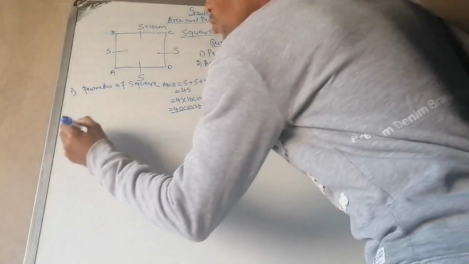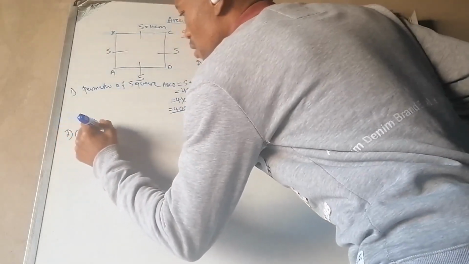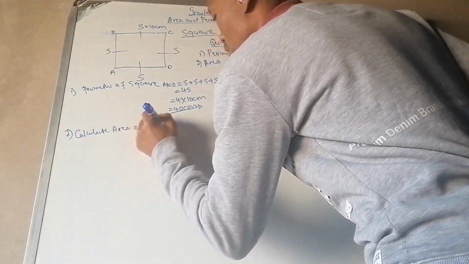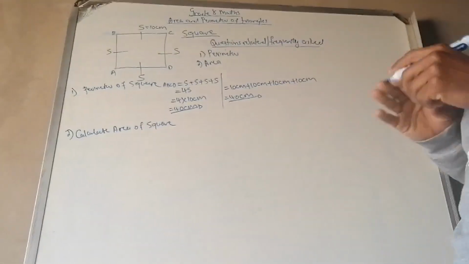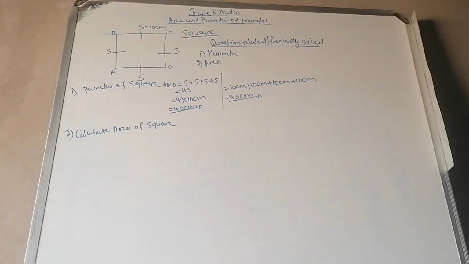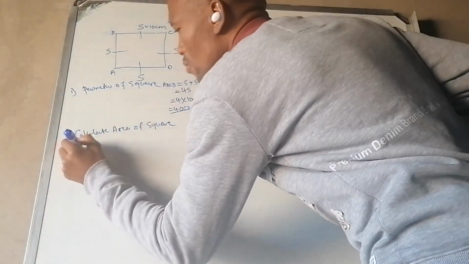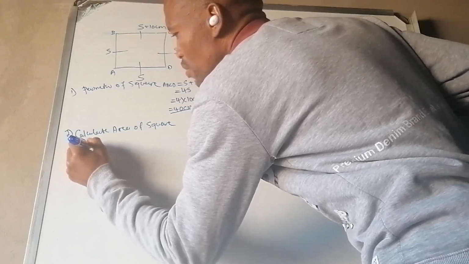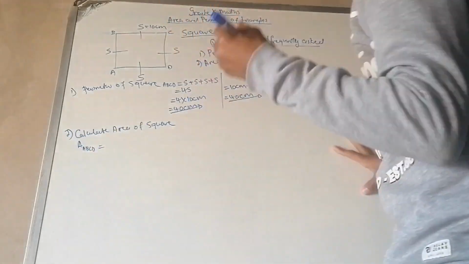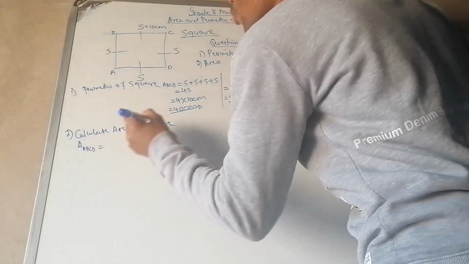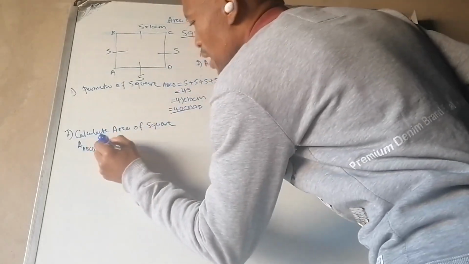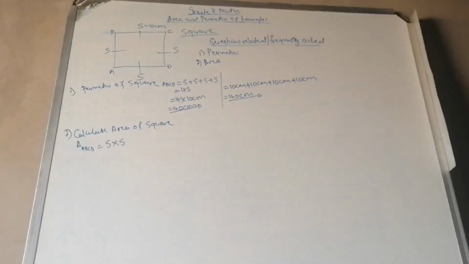Now, calculate the area of this square, where only one side is given, and the side value is 10. Okay? Now, the area of the square ABCD is always equal to side multiplied by side.